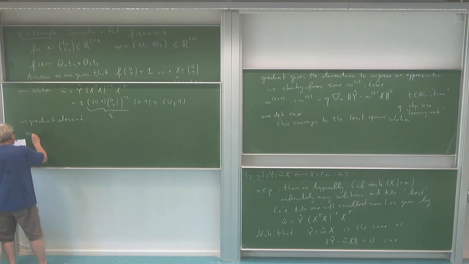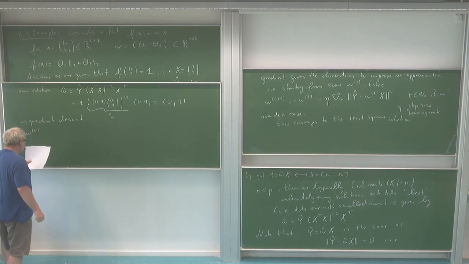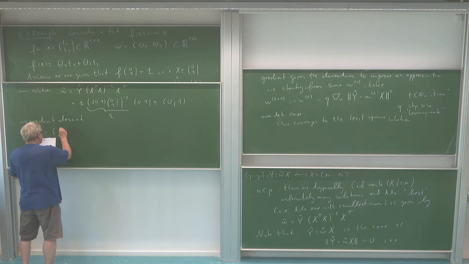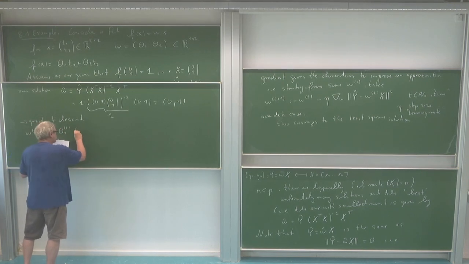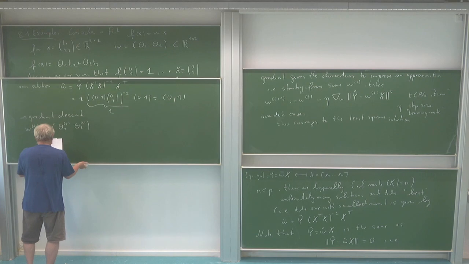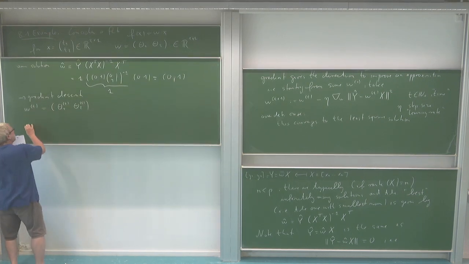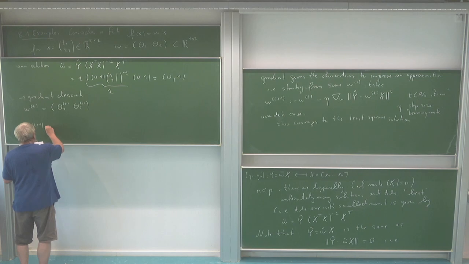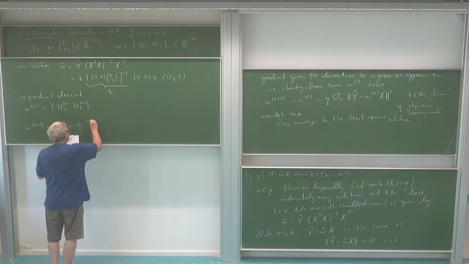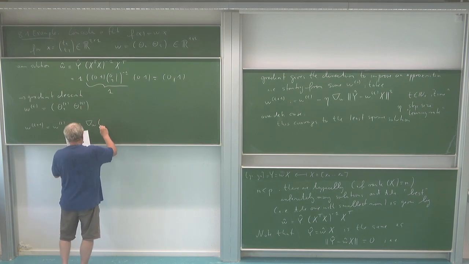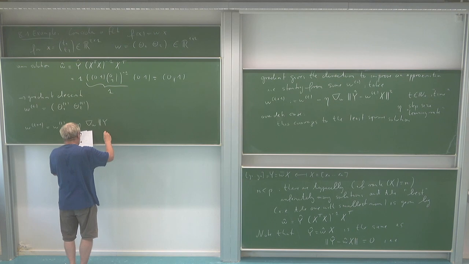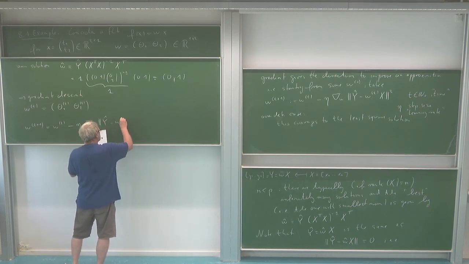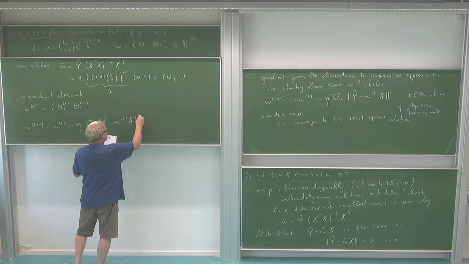So this means I now have w_t, with components theta 1 at t and theta 2 at t, and I have the prescription for t plus 1. I get this from the previous w_t by going with eta in the direction of the gradient of my y hat minus w_t x squared.